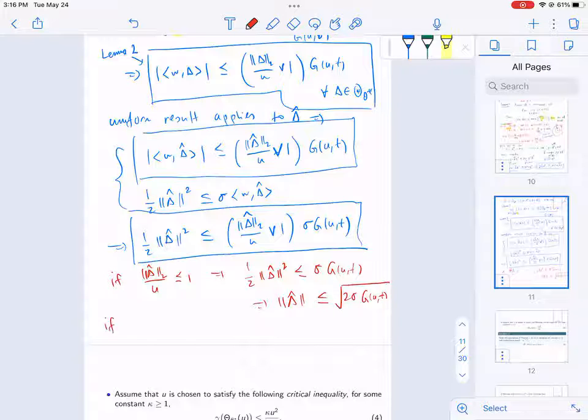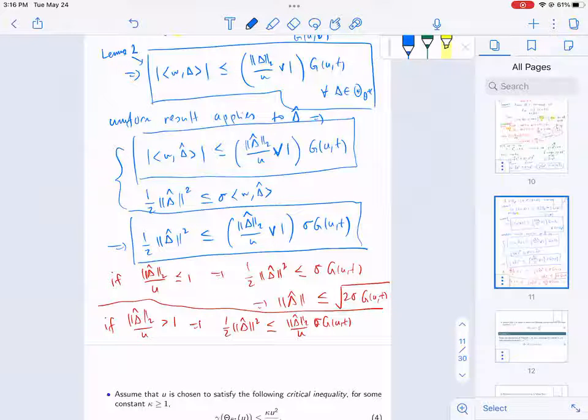Or this guy is bigger than 1, then I get 1/2 norm of delta hat squared less than or equal to norm of delta hat over U times sigma g ut. Right, this is the second case.